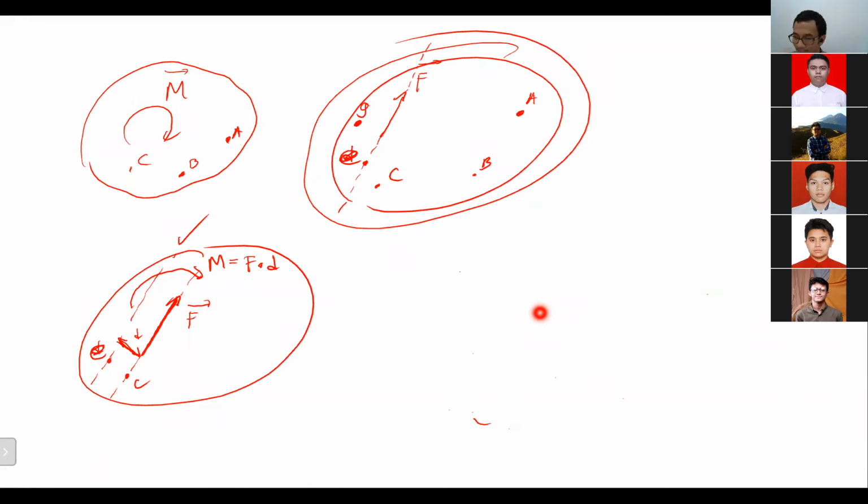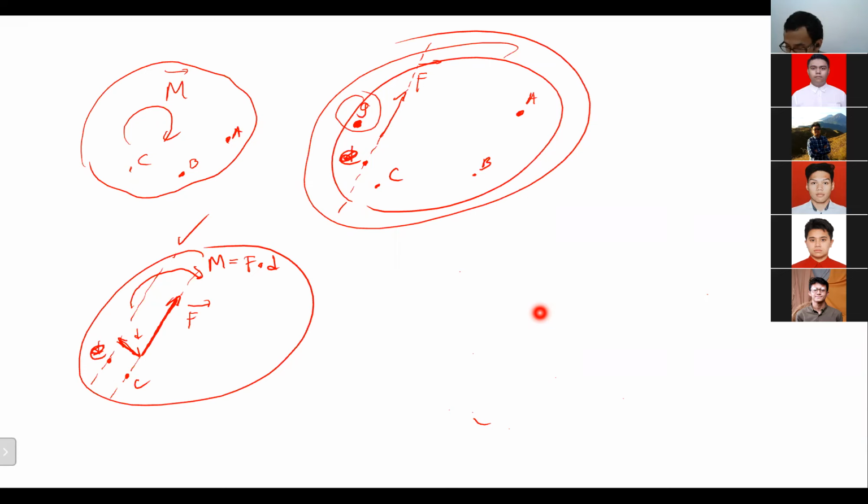And in that case, the moment after we move the force to point G will be counterclockwise, right? How could it be counterclockwise, sir? No, now I want to move the force to point G, this one. You get it or not? So that point will be our center of rotation.